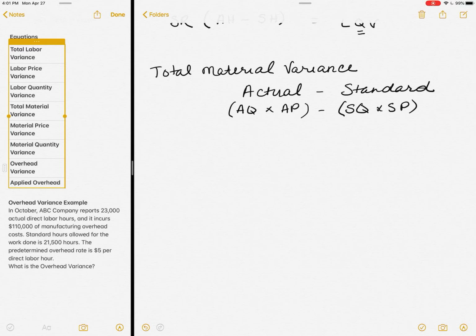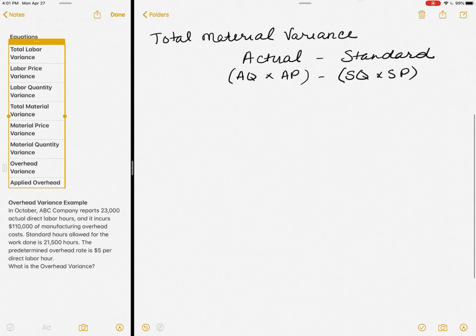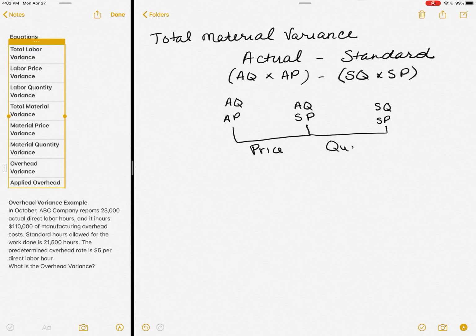That's your total material variance. But again, we can use that little chart to break this down. What your book shows you, we're comparing our actual quantity and actual price. We're going to compare that to our standard quantity at standard price. And in the middle, what we actually record in our books is our actual quantity at our standard prices. And this is how we break apart that total material variance into our price variance versus our quantity variance.